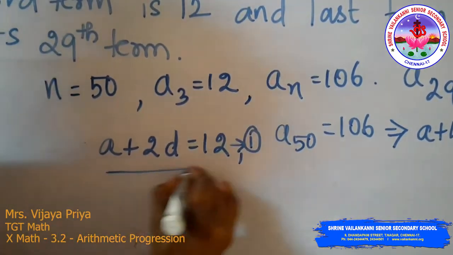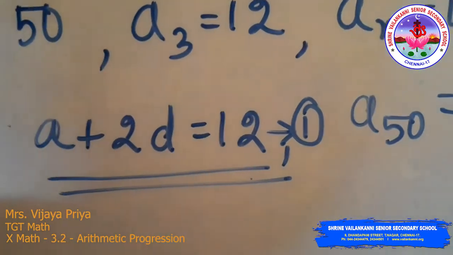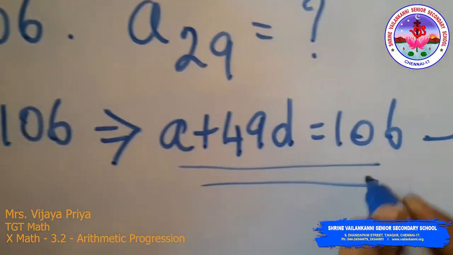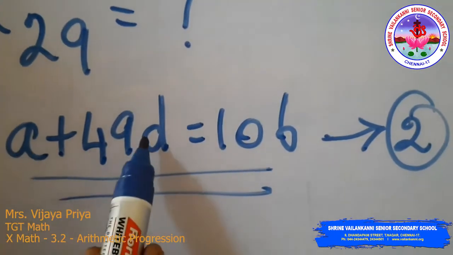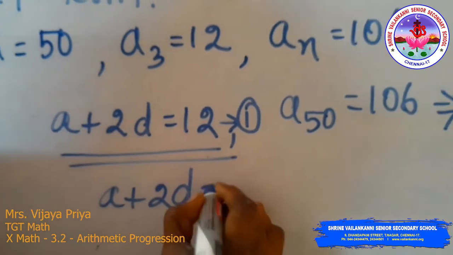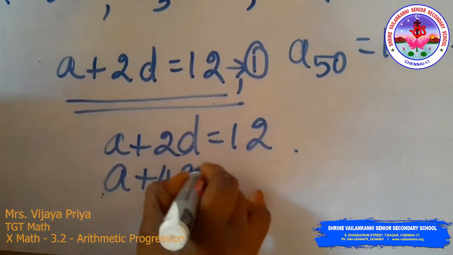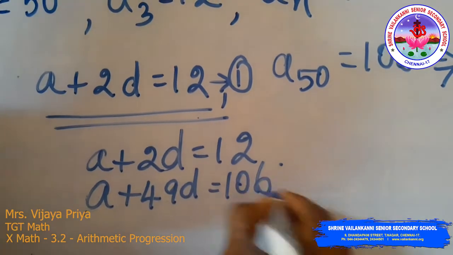Now I am going to simplify, solving equation 1 and equation 2 to get my value of A and D. So A plus 2D is equal to 12, A plus 49D is equal to 106.